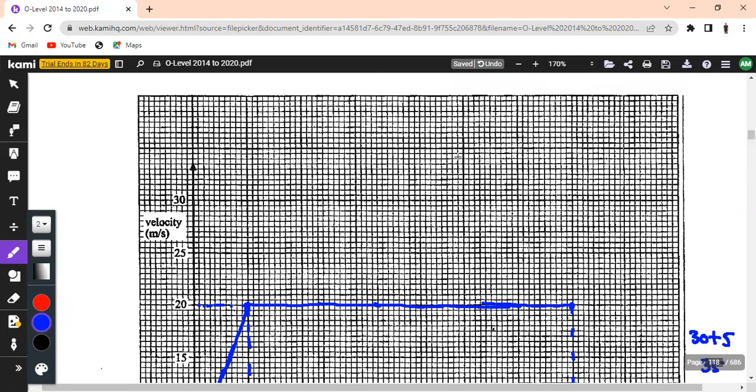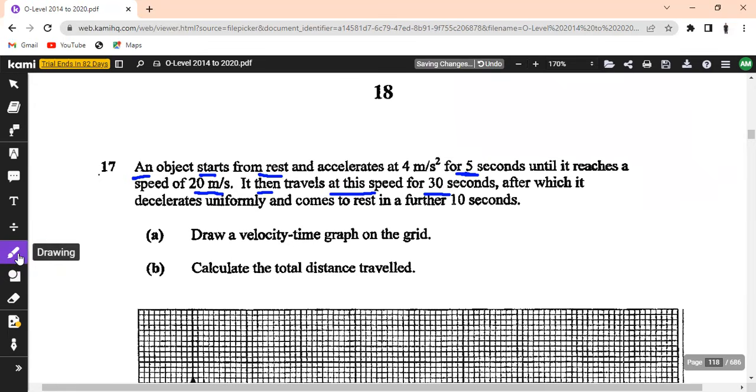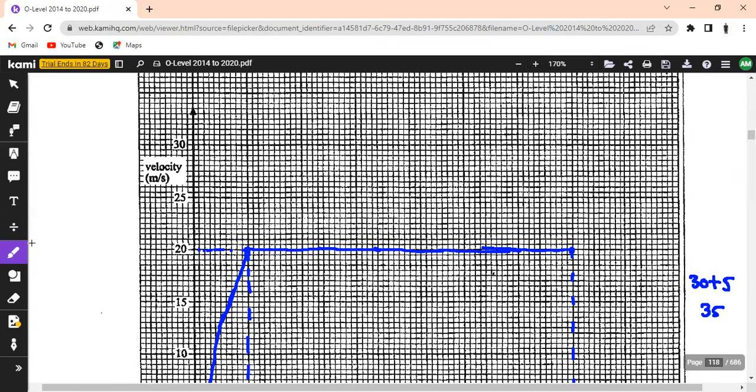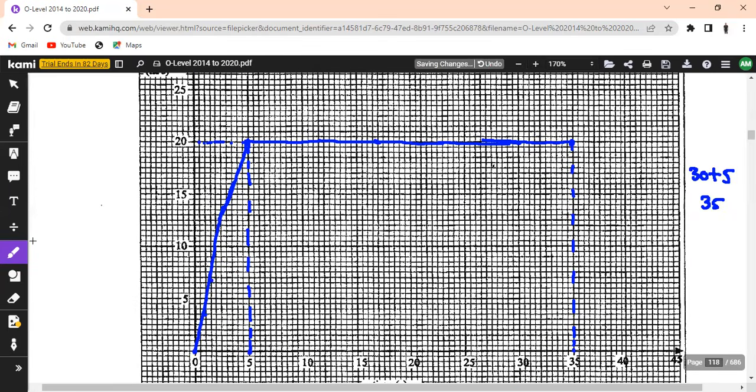Okay, then what happened? If you cross check, after, now it's a comma here, after, which means it's another step, which is that it decelerates. Remember, it decelerates, you're now going down uniformly and comes to rest after a further 10 seconds. So it's going to go down to rest in 10 seconds. Remember, we are at 35.